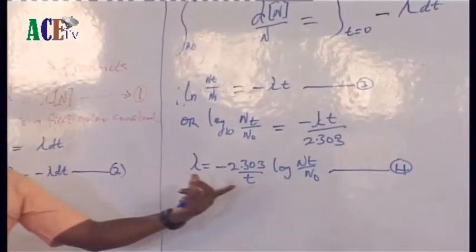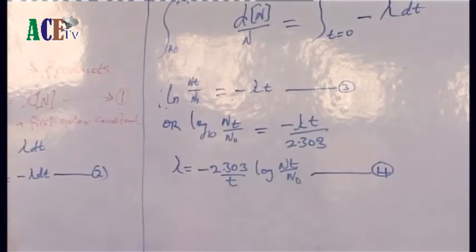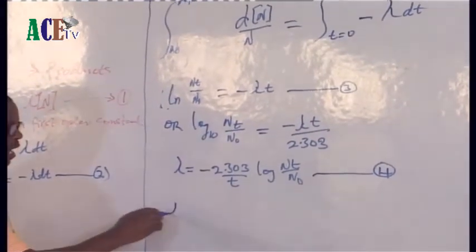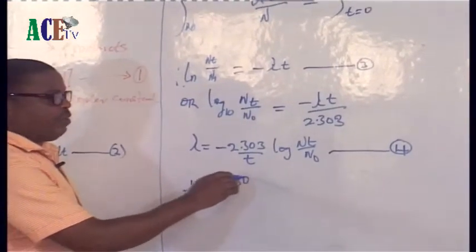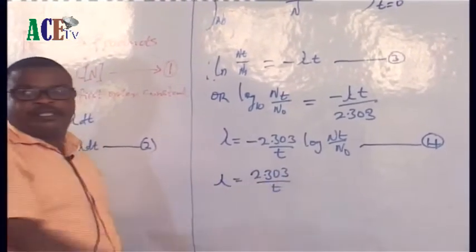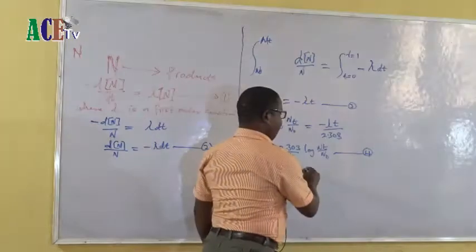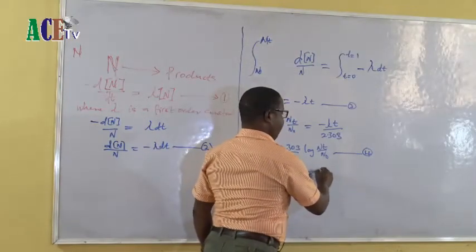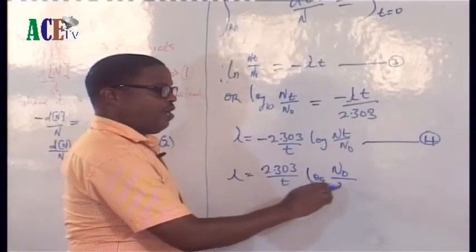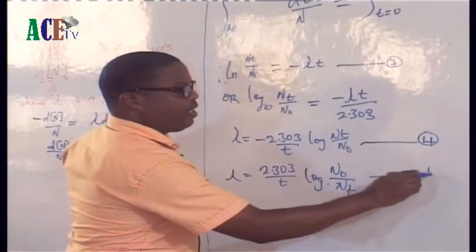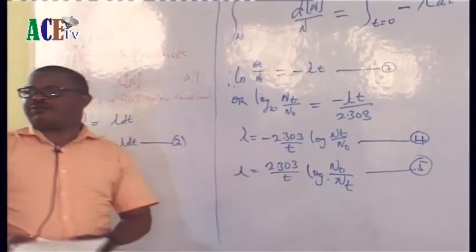So from this equation 4, we can have another equation as equation 5. Lambda is equal to 2.303 all over t log of N0 all over Nt. We take that as our equation 5.